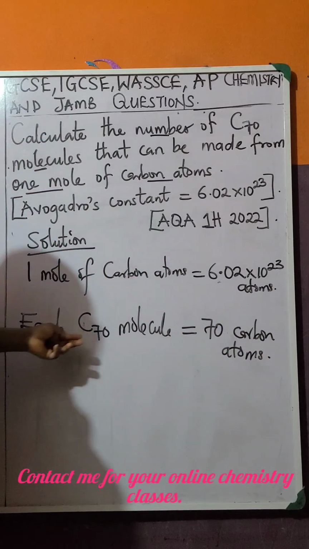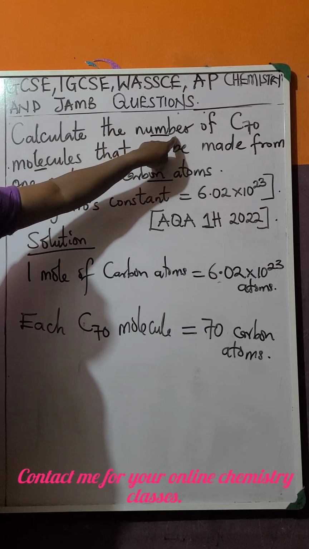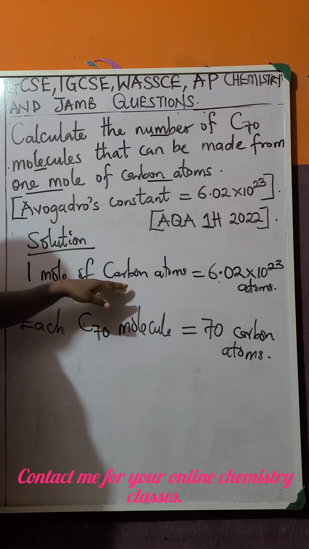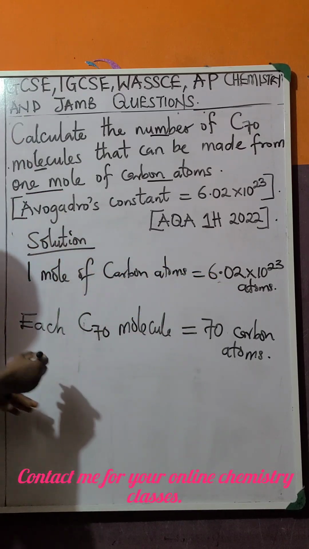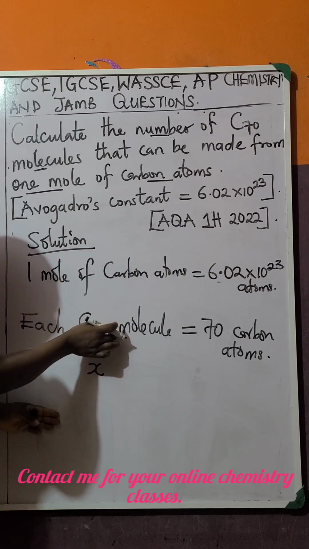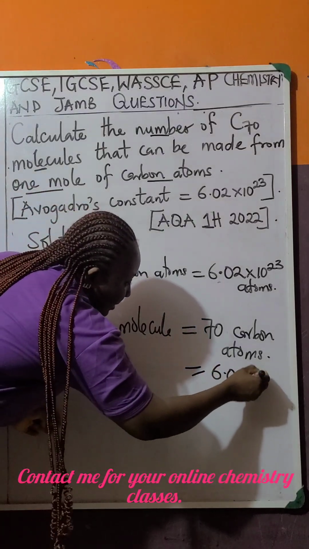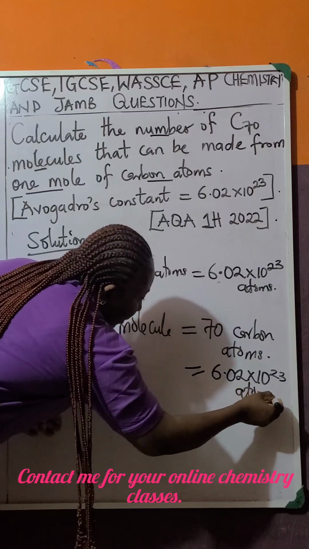So if each of them contains 70 carbon atoms, the question said, how many C70 molecules can I make from 1 mole of carbon? And 1 mole is this. So they are now asking me, how many of these can be made from 6.02 times 10 raised to power 23 atoms.